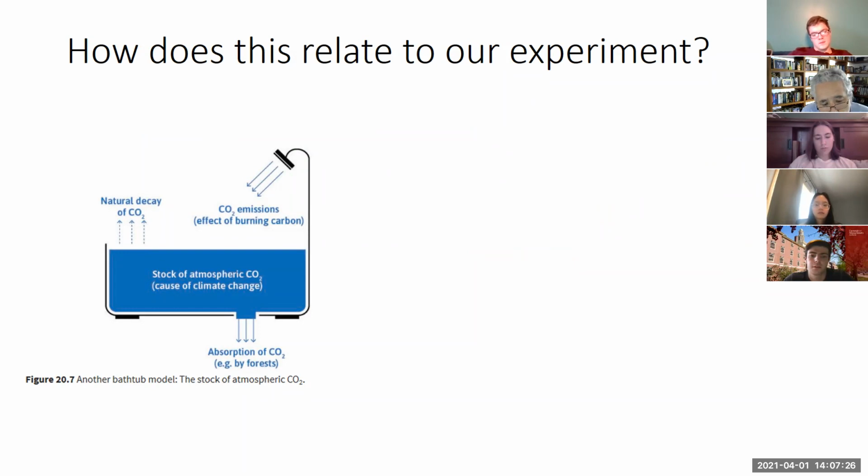And I will show you more detailed behavioral data from your own particular decisions so that we can understand what's going on with the larger picture of the planet, with this ongoing anthropogenic climate change created by humankind, how it affects the well-being of many people around the world, and how this idea that this loss of equilibrium using this bathtub model relates to what we did in the experiment last time.